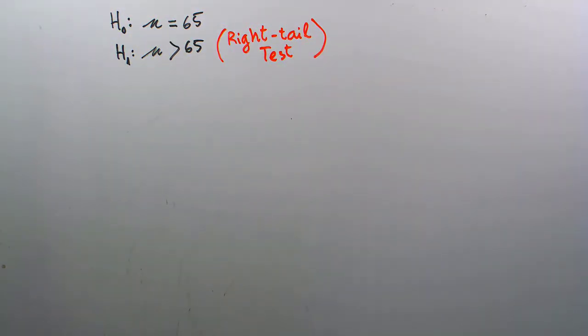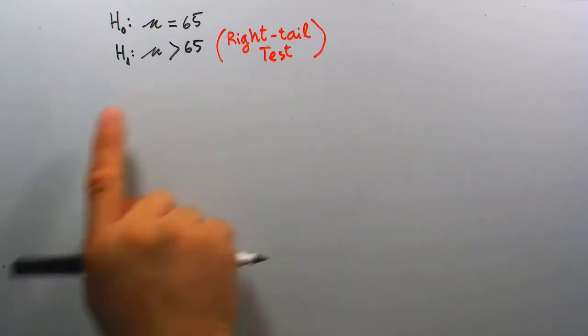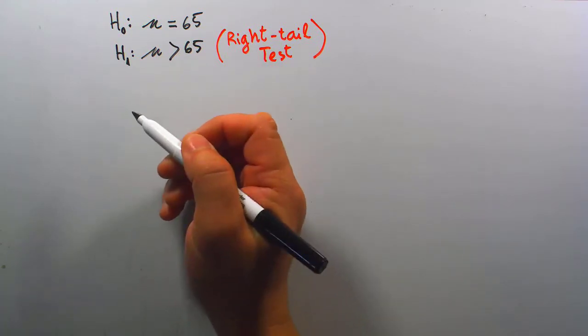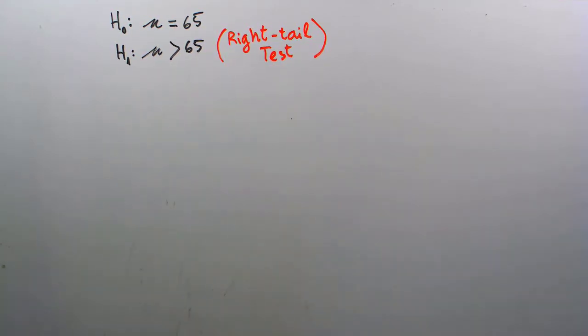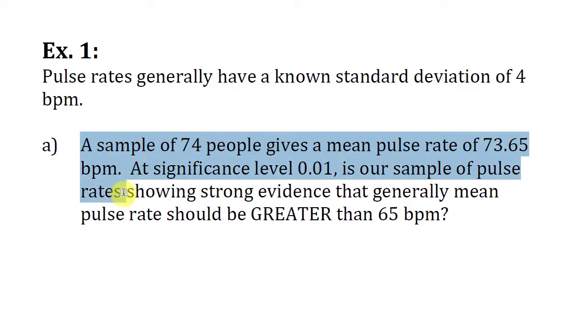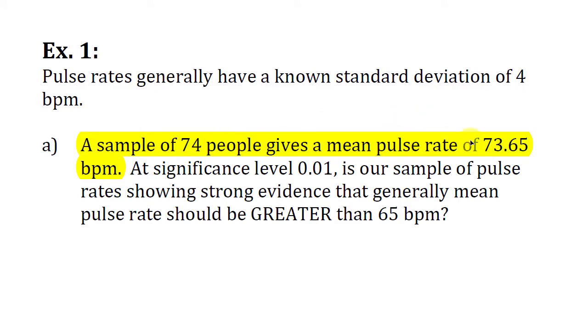To actually get into testing our hypothesis, the first step is to identify our sample. In the reading of our example problem, a sample of 74 people gives a mean pulse rate of 73.65 BPM. This is our given sampling information.